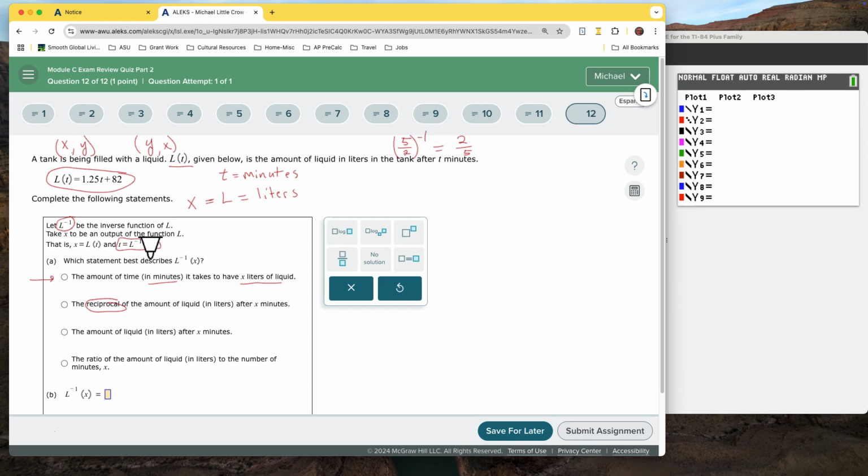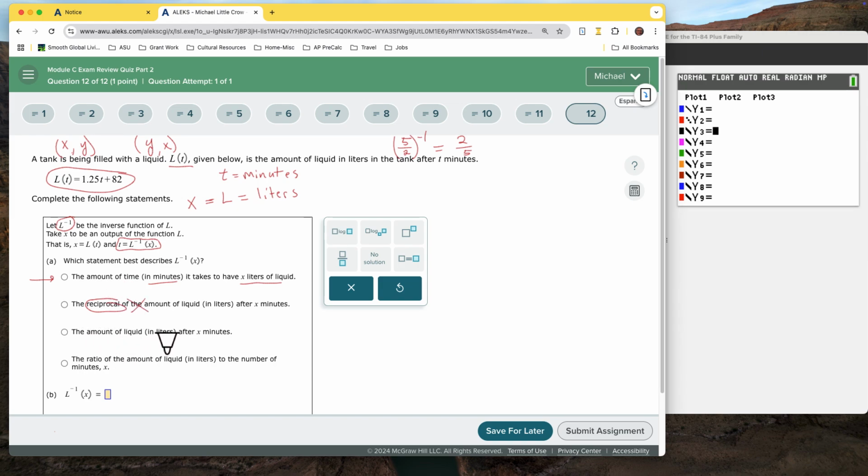But this -1 up here is not an exponent. It's a notation for the inverse. We use the same notation for two different things, but that's what they do in math. We just have to recognize when it's on a function, it's meaning the inverse, not the reciprocal. Okay, so you see the reciprocal, forget it.